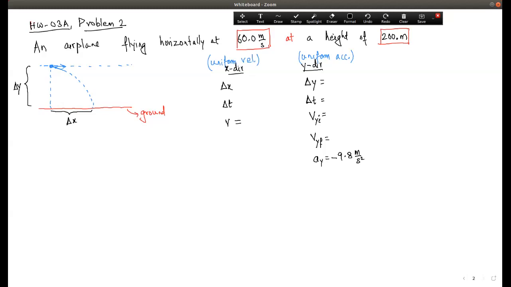And delta y is given to us. We are told that it is dropped from a height of 300 in the problem, it is 300 meters. We said it is 200 meters. And remember, everything we have been choosing is positive in the upward direction. So this makes it minus 200 meters.